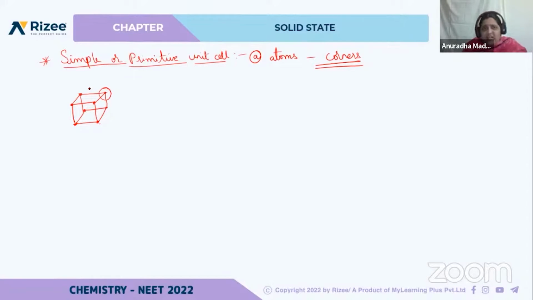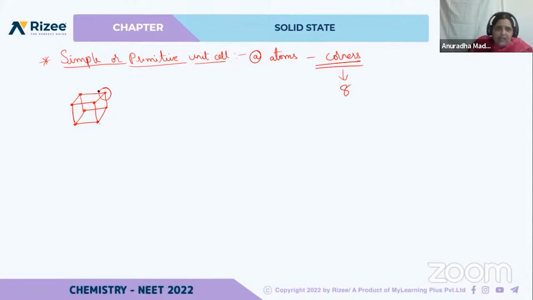So let's calculate how much of the atom is inside the cell. Up to now what we got, 8 corners. Fine. So how much of the atom is inside the unit cell? First let's calculate that one.